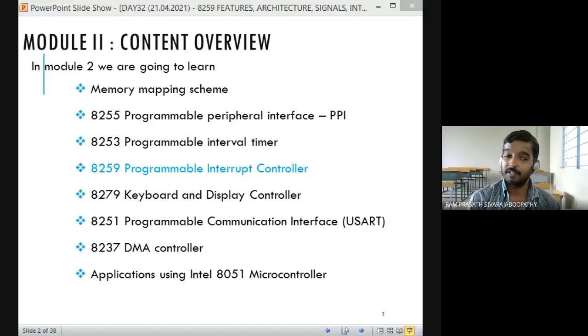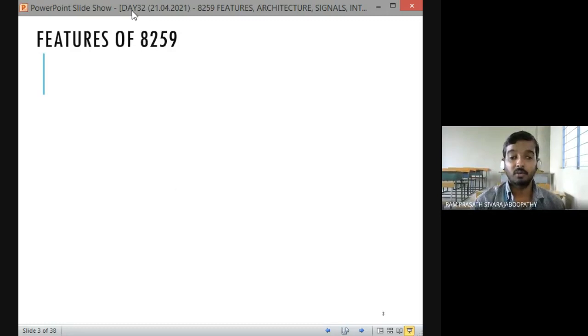By default we have an interrupt control in the 8085, but if your system requires more interrupts to be handled, then you can go with 8259. First we have to go through the features. We have to understand what we can do with 8259.